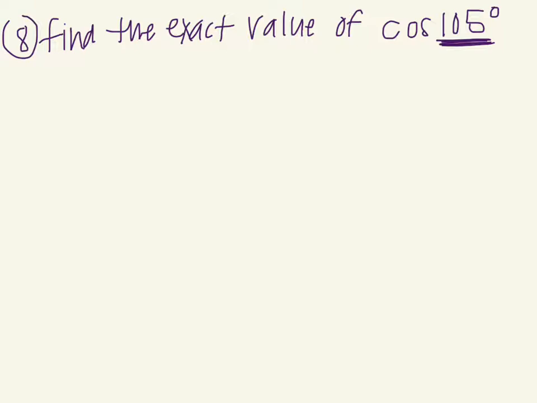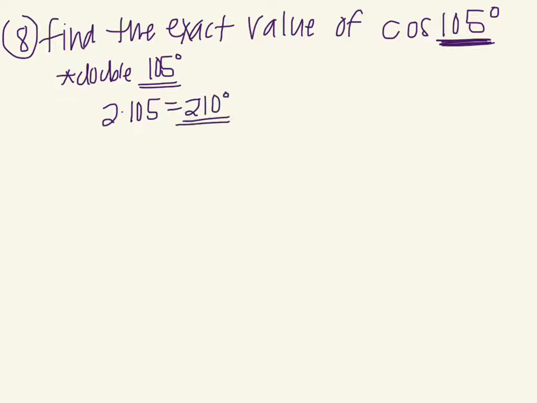So the first thing you're going to do when you use the half angle formula is you're going to actually take and double 105, or you're going to double whatever degree measure you're given initially. So 2 times 105 is 210 degrees. So this, when we use the half angle formula, is what's going to take the place of alpha in that formula.